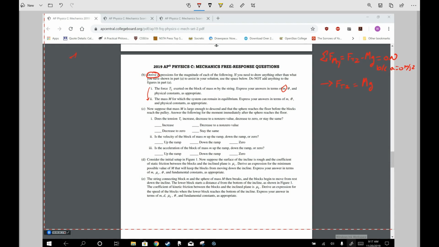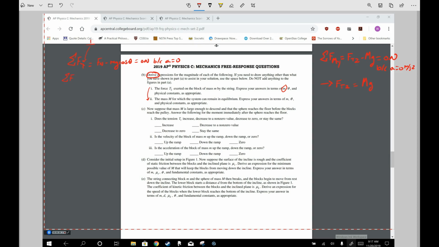So for the other block, the sum of the forces in the y, remember what we talked about is that y is parallel to the ramp direction, is going to equal the normal force minus lowercase mg cosine theta. And things are balanced because the acceleration equals 0.